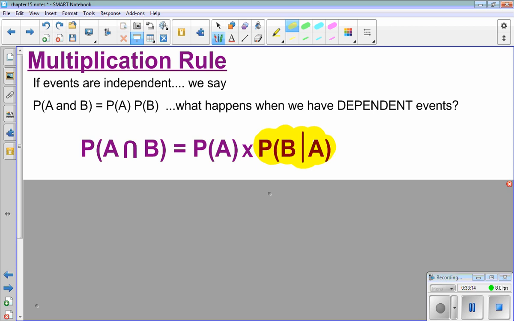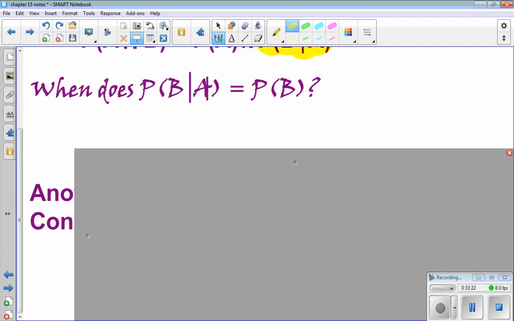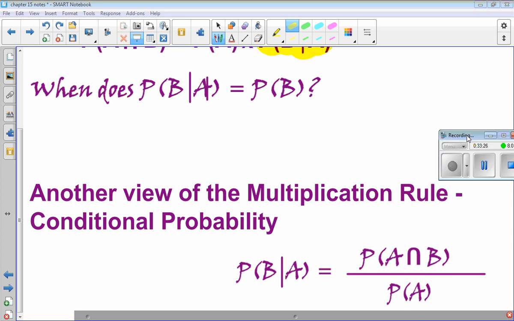But it's divided by that. Or in other words, it's this. That's what's on your formula sheet.